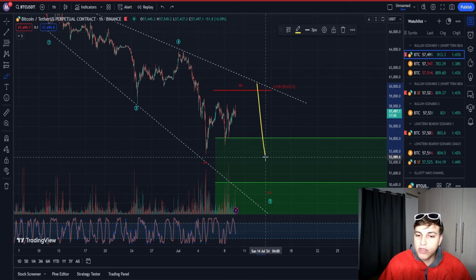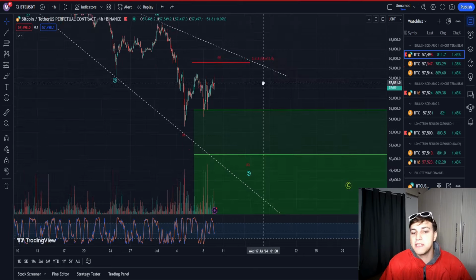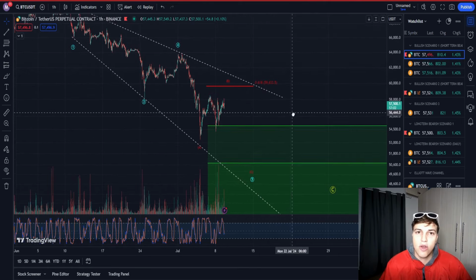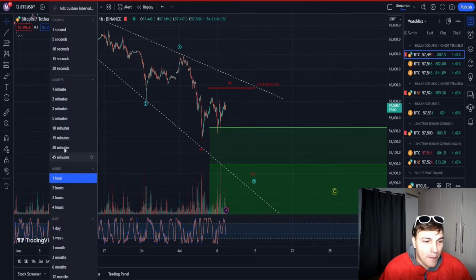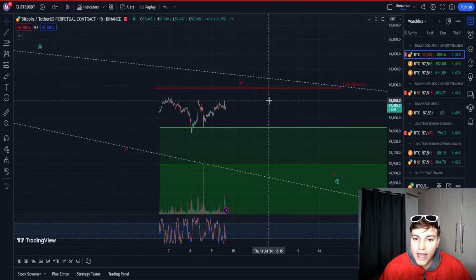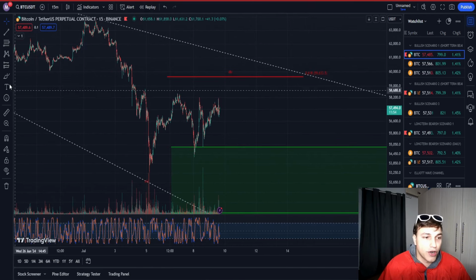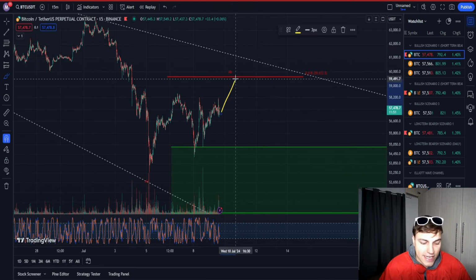A lot of shorts in the market at the moment. We will probably get into taking long positions in the next week or so. But now on the 15-minute time frame, this B wave is still playing out, and I would not do anything until it has.